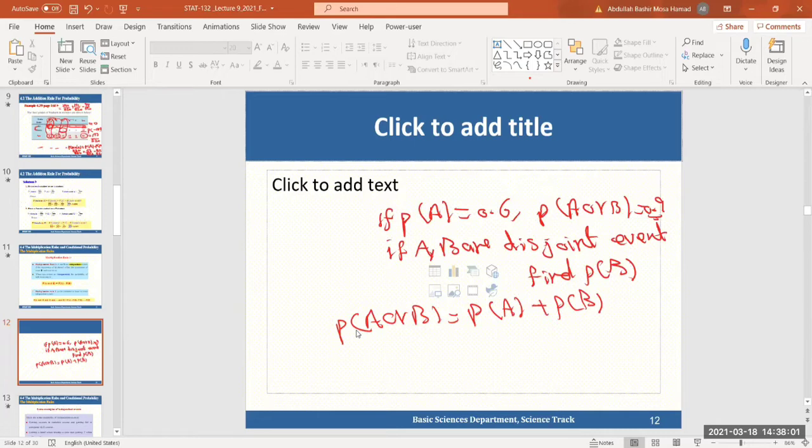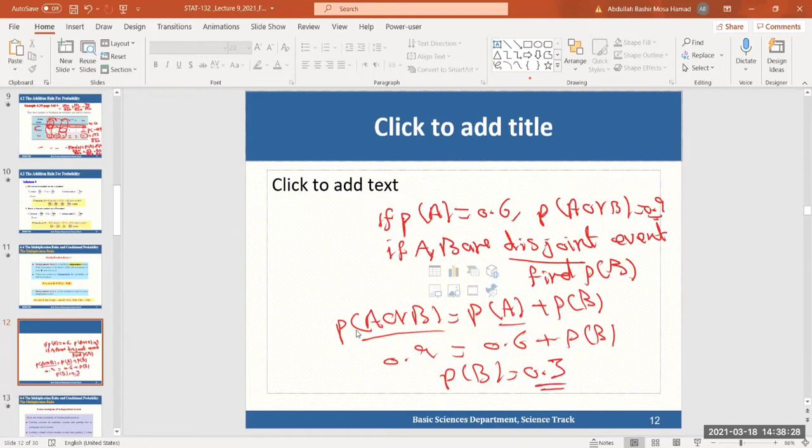Because these two events are disjoint. We just do addition. We call this the addition rule. So this is given, this is 0.9. So 0.9 equals, this is also given, 0.6 plus P of B. So just by subtraction, P of B should be equal to 0.3. Yes, great. This is a clear example.